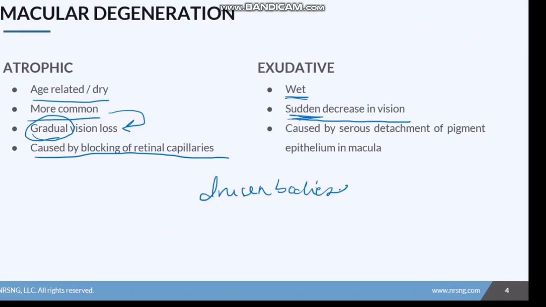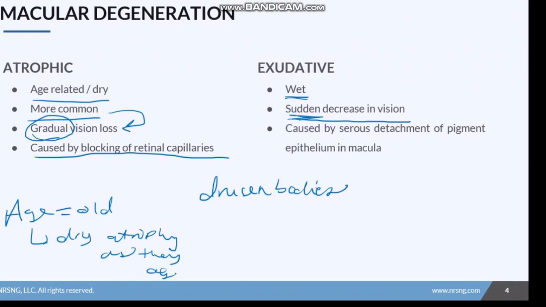Okay, so an easy way that I keep these apart, I think age-related as old. Old people can be dry, and their bodies atrophy as they age. So atrophic equals age-related.